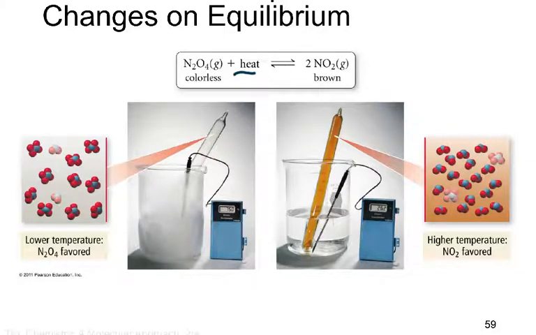So at a low temperature, we're going to shift this way to favor our reactants. If we heat it up, we want to get rid of that heat, so we're going to shift towards the product side, and so at a higher temperature, the NO2 is favored.